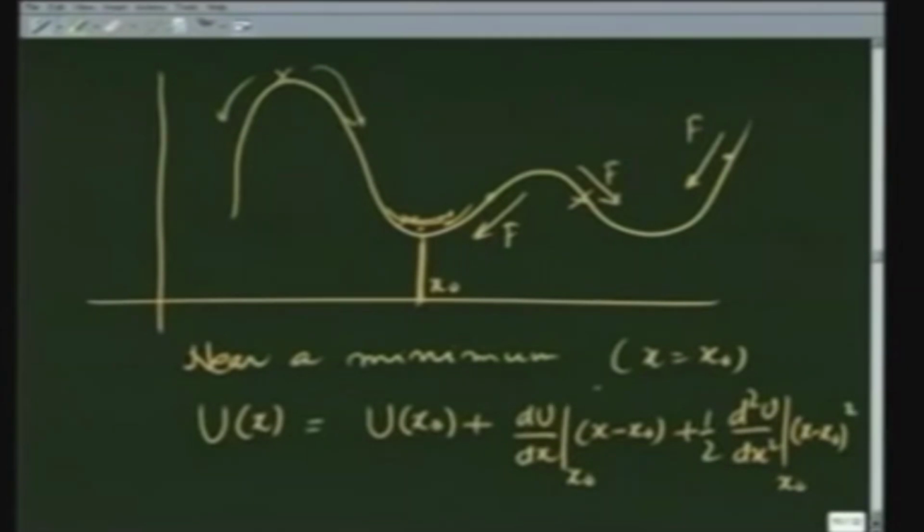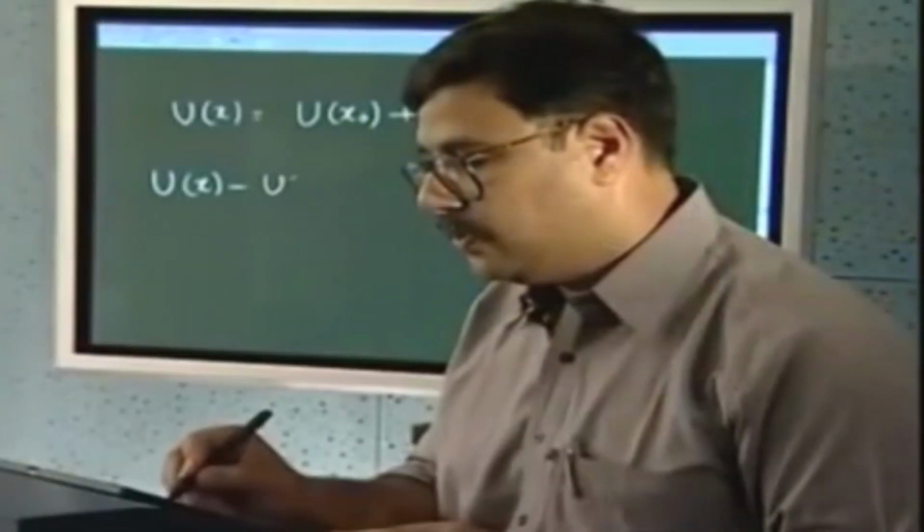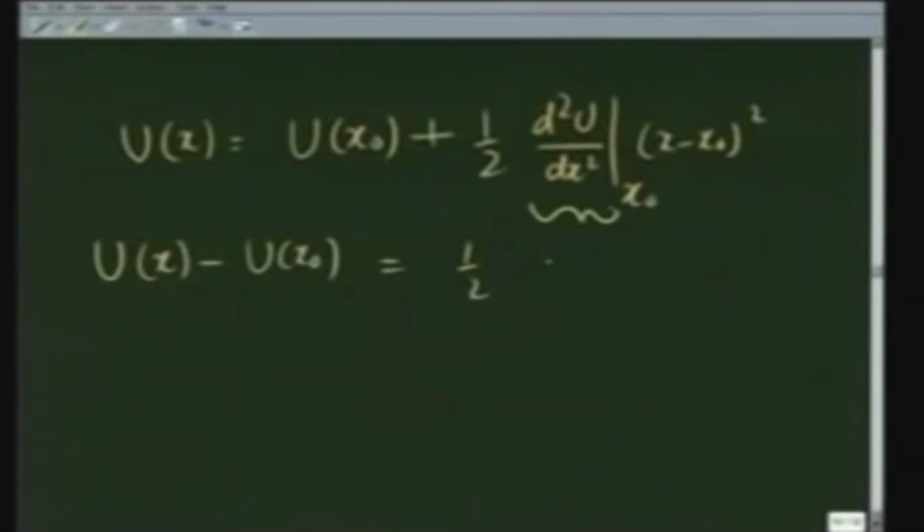Since this is a minimum, du/dx at this point vanishes, and therefore I have u(x) equal to u(x0) plus 1/2 d²u/dx² at x0 times (x minus x0) squared, and therefore the difference in the potential energy u(x) minus u(x0) is equal to 1/2 times this, which, being a minimum, is a positive quantity, so let me write this as k(x minus x0) squared for small displacements.